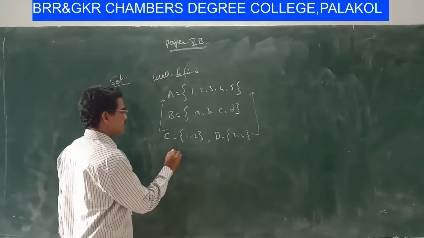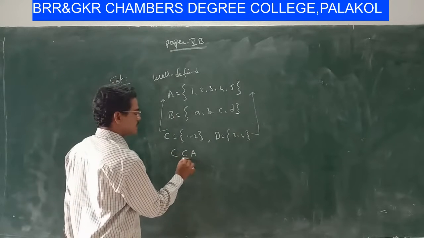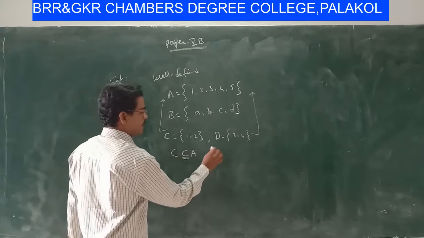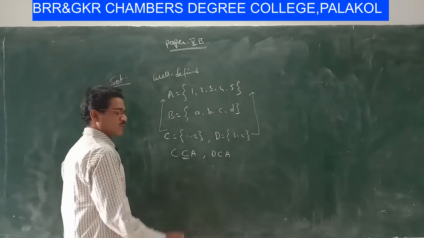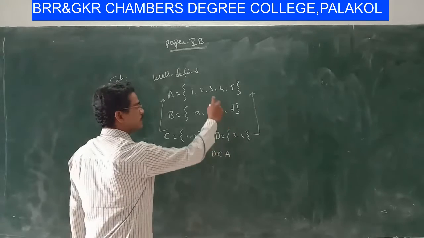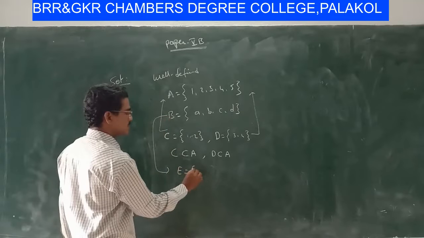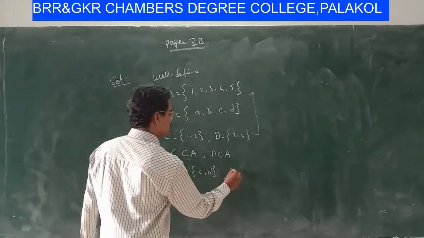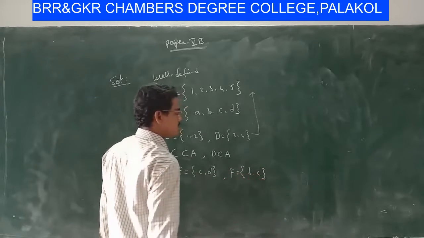That means C is a subset of A. This is the subset symbol, and D is a subset of A. Suppose E is equal to {C, D}, and F is equal to {B, C}.